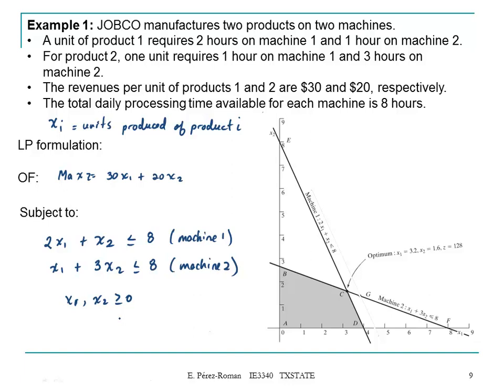So if you solve this problem using the graphical method, this is going to be your feasible region. We have the constraint for the second machine here, and the constraint for the first machine here. We also have the non-negativity constraints, so x1 should be greater than 0, x2 should be greater than 0. That's why this area is limited to this side.